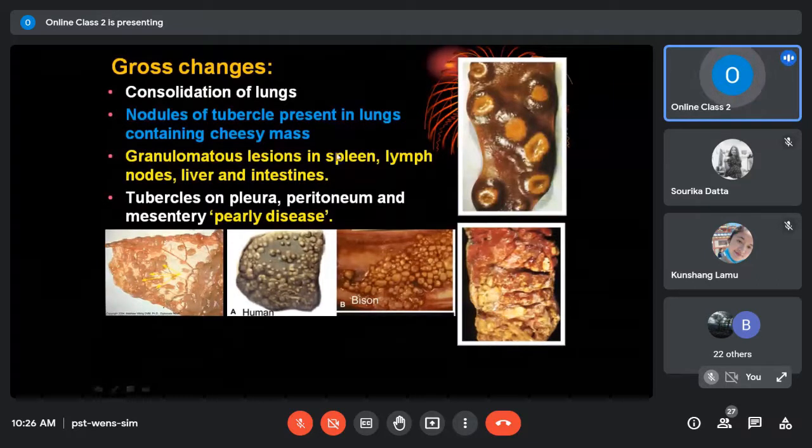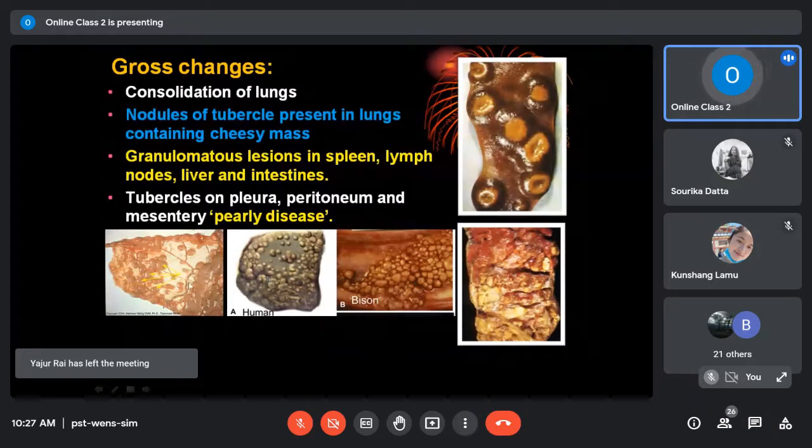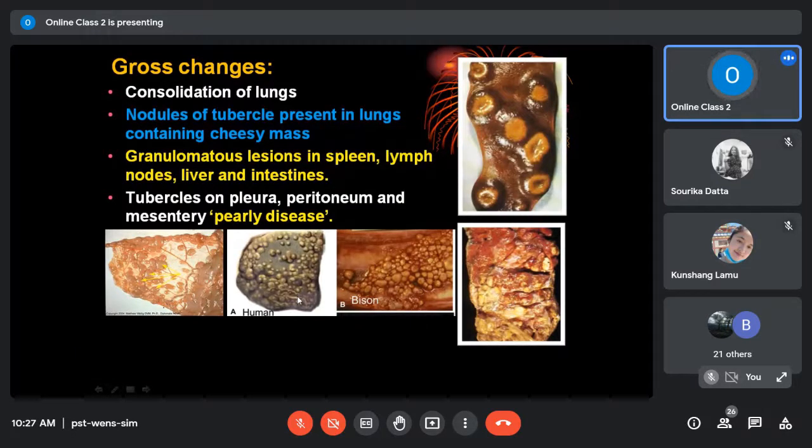It may be not only in the lungs, but also in other organs like the spleen, lymph nodes, liver, intestine, and many other organs according to the system involved. When very tiny, small tubercular nodular lesions are present on membranes like the pleura, peritoneum, and the mesentery, it looks as if pearls have been dispersed and spread out on the surface. That is why this particular condition is known as pearly disease.